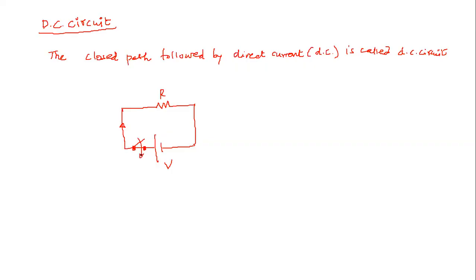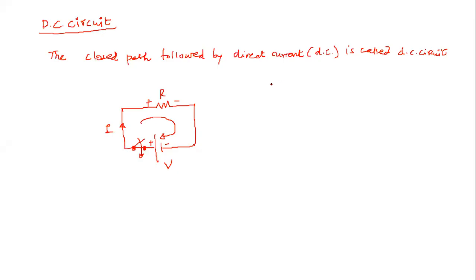When I turn this on, the current will start flowing, and it follows this closed path, right? This is the conventional current, obviously. We discussed this conventional current. So this conventional current will flow like this. From this end is positive and this end is negative for this load. So the closed path followed by the direct current is called DC circuit, right?